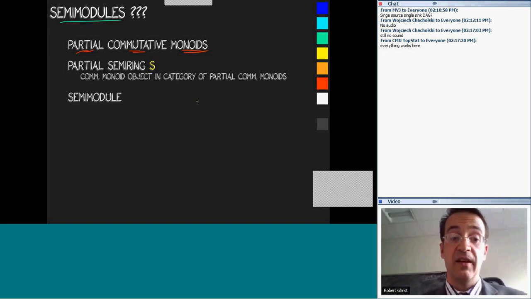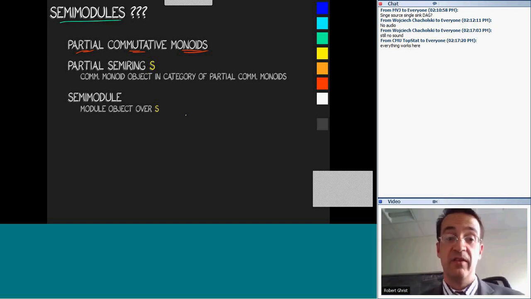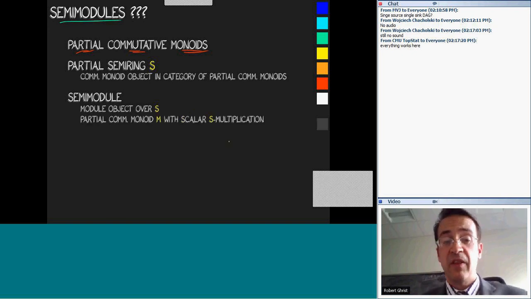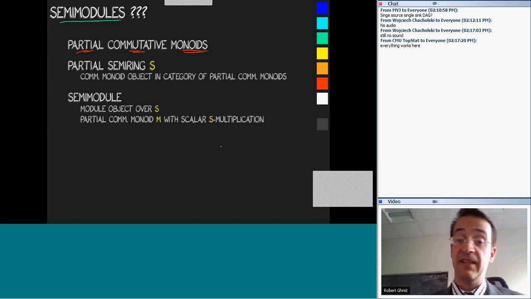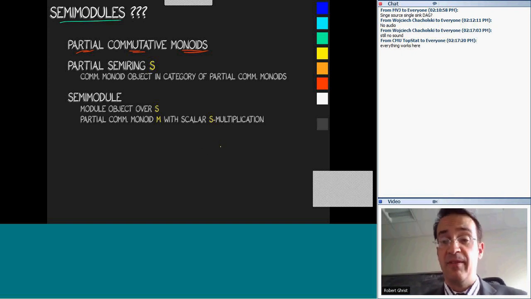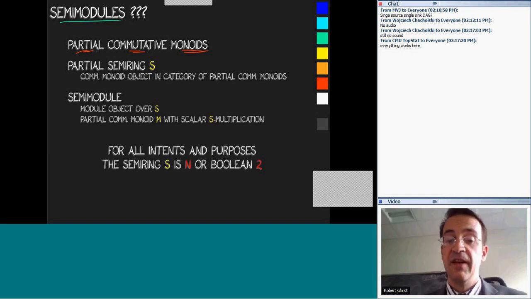Here's the definition. A semimodule is going to be a module object over this partial semiring S. So what you do is think of it as a partial commutative monoid where your scalar multiplication is multiplication in this semiring. Now, it sounds pretty scary and indeed can give one a headache, but for all intents and purposes, this thing is the natural numbers.